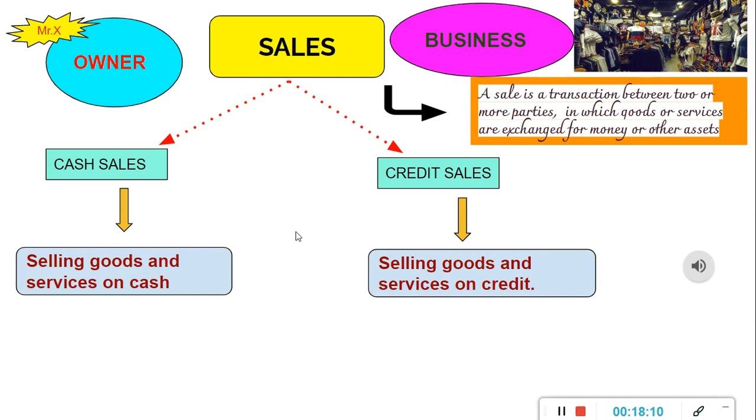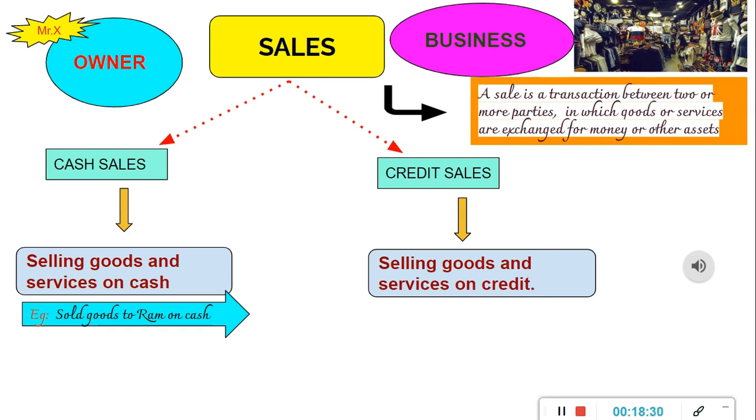For example, Mr. X has sold goods to Ram on cash. Means Mr. X has given some clothes to Ram, and at the same time Ram has paid the money. That is called cash sales.